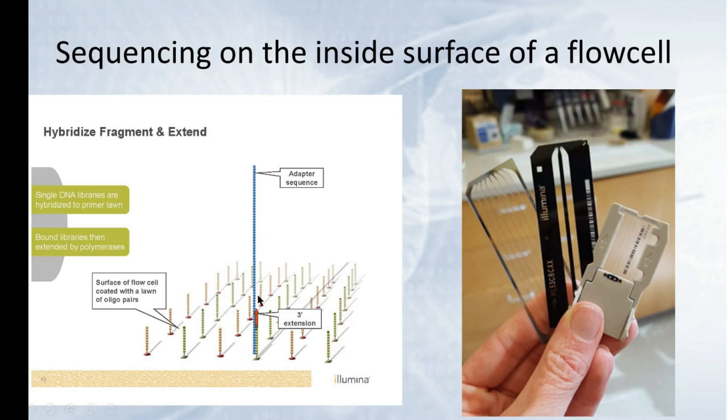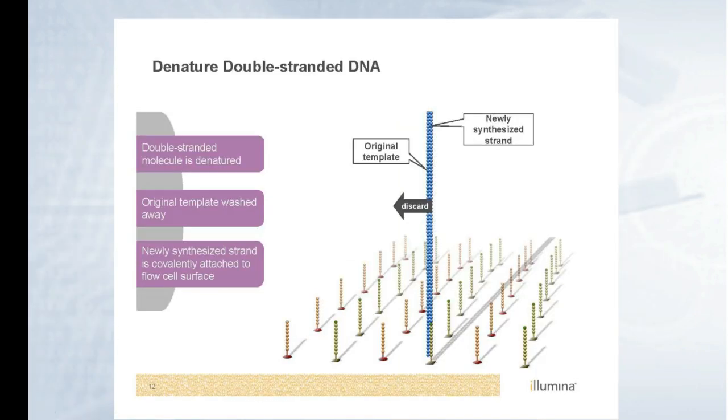All of this area in here is the unknown sequence. And then on the other end, there's another adapter sequence. And so that copy is made, and you have a newly synthesized strand. Interestingly now, because that was synthesized from this primer here, which is covalently attached to the glass, when we heat this up and flow buffer through this system, you're going to get rid of the original copy here.